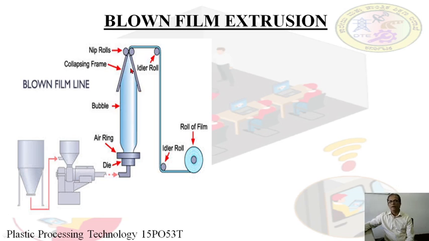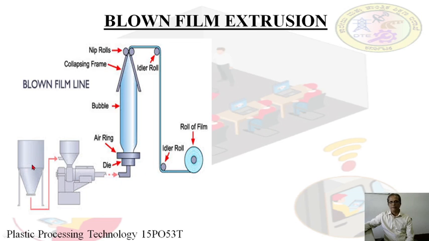Then there are collapsing frames through which it is passed so that instability or shaking of this bubble can be avoided, and the bubble is passed through the nip rolls, and these are idler rolls through which it is taken in a downward direction. These are called idler pulleys. Then it is wound on a bobbin. A roll of film is shown here.